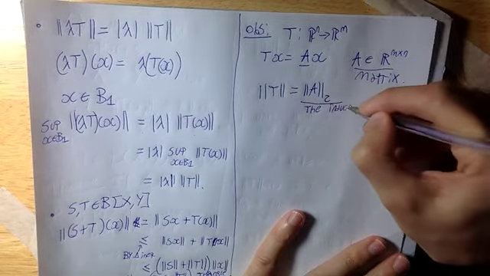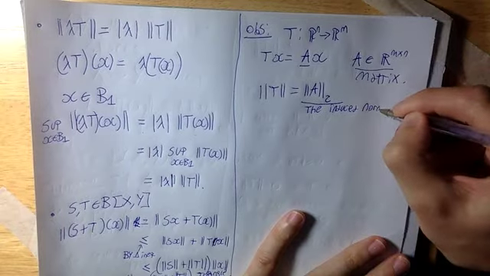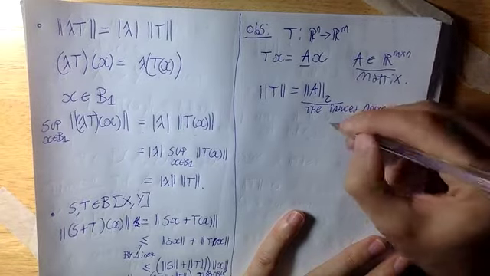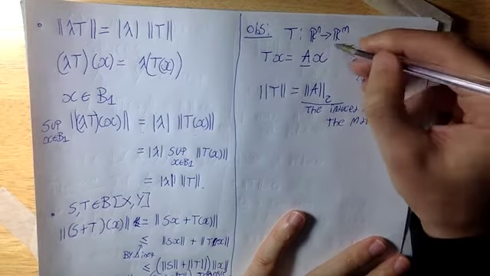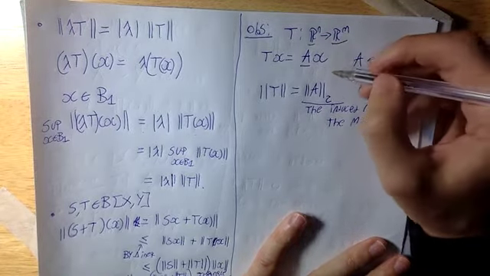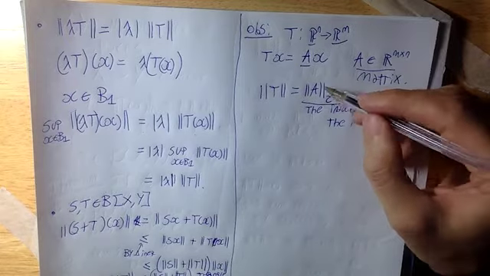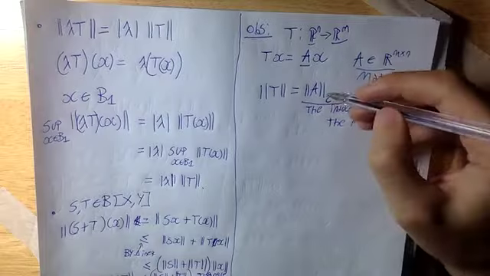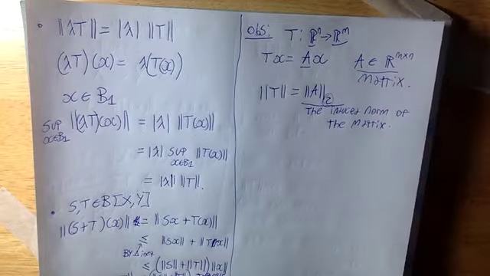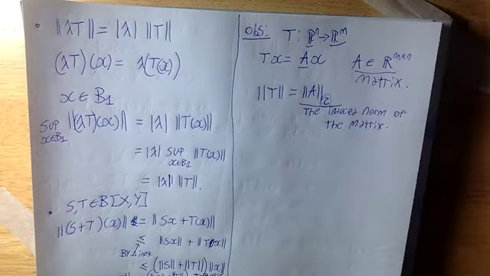We could actually change the norms in R^n and R^m to get a different norm for A, like the 2-norm or the infinity norm. But as we have seen, for finite dimensions, all of these norms are equivalent.